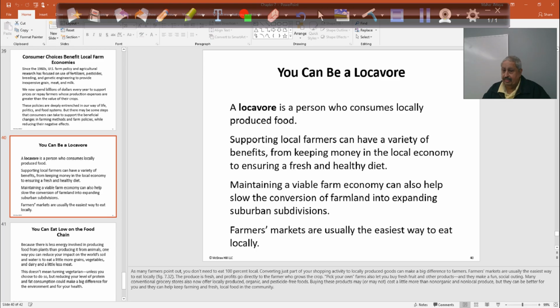Farm markets are usually the easiest way to eat locally, and that's really true, unless they have some very strange type of fruits or veggies. They imported whatever from South America or whatever. So that's the case. But most of the stuff is produced locally and then distributed and bought locally here.